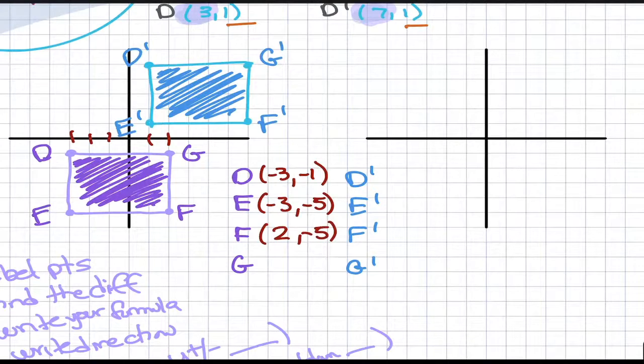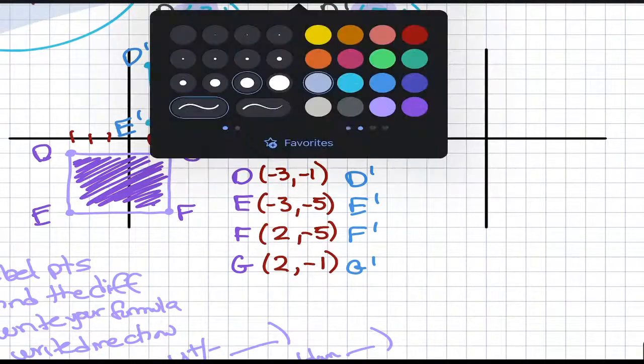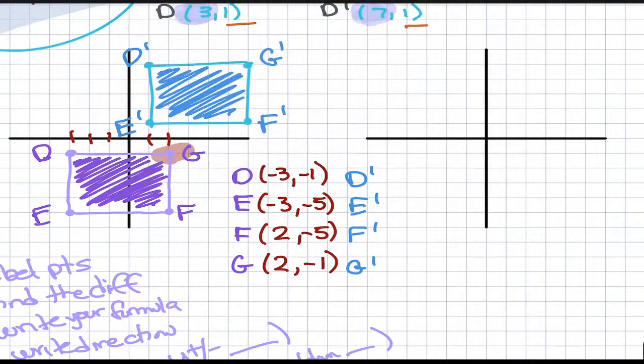And for G, we're going again to the right 2, and down 1. Here, let me show you where that is. G's here, F here, E here, D here. Remember, if you're struggling with labeling, go back to the first video.